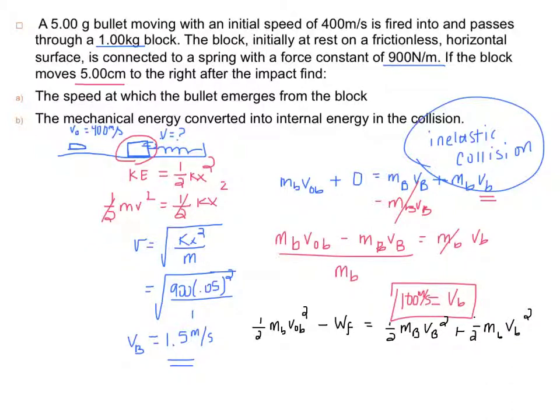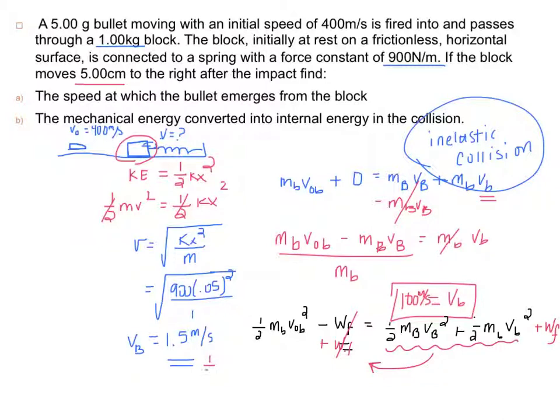Now, here you need to be careful that you do not just cancel out all the 1/2s, because again, the energy that we're trying to solve for, that mechanical energy, does not have a 1/2, so it's not something that you can cancel. But what we can do is move this piece to the other side so that it becomes positive, and then move this entire piece over to the other side.